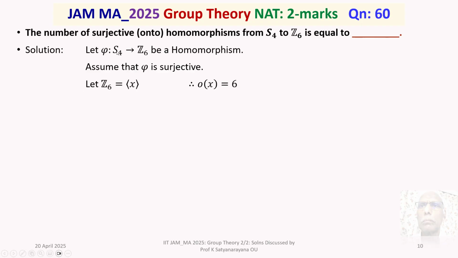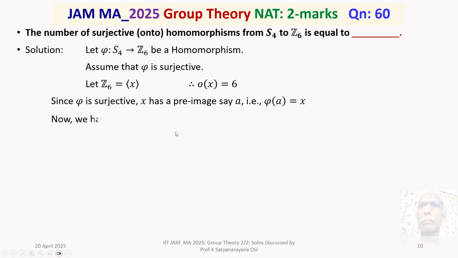Since phi is surjective, X is in Z6, X has a pre-image, let's call it A in S4, such that phi of A is equal to X.